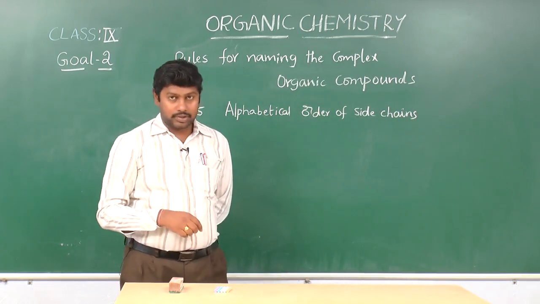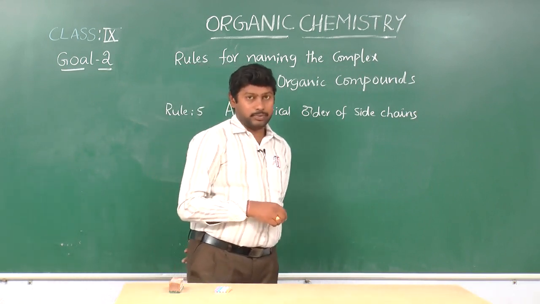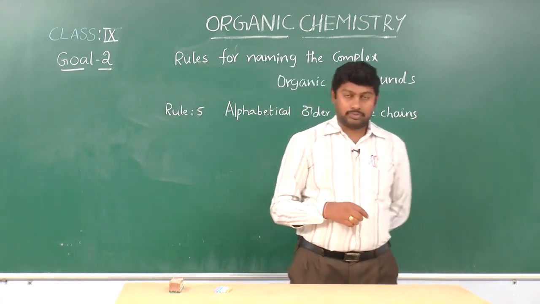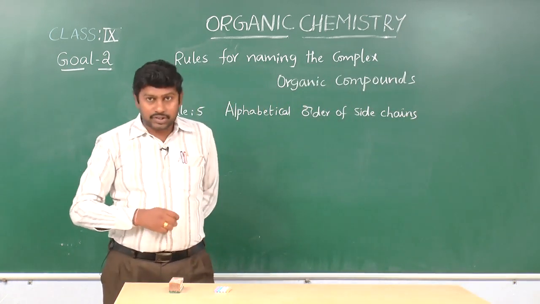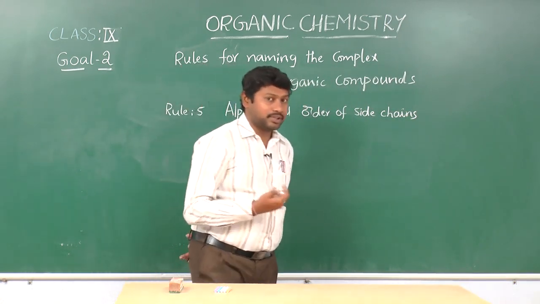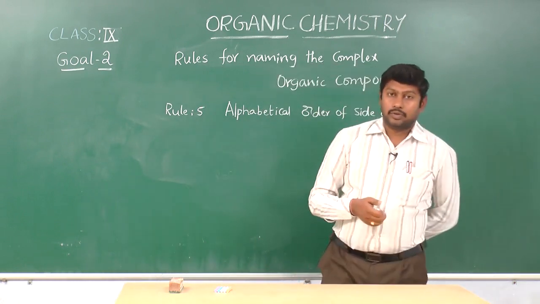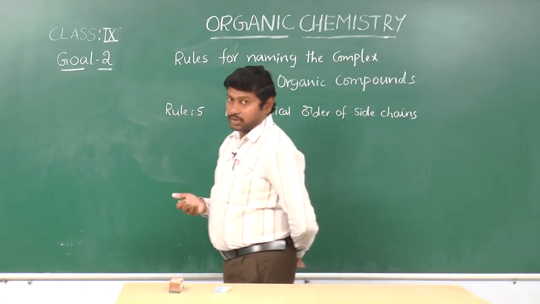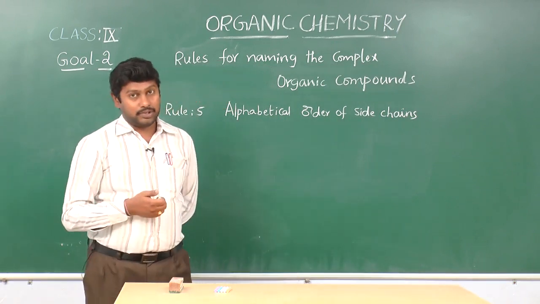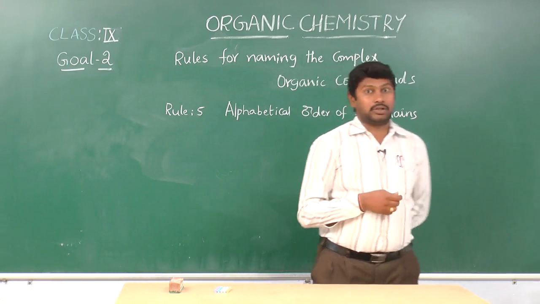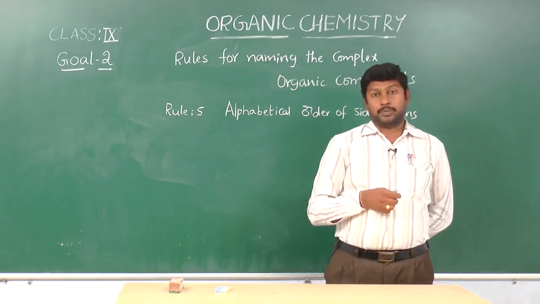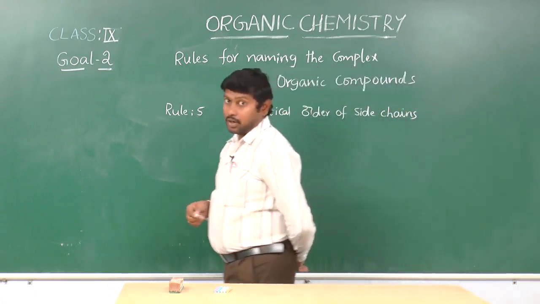So, we already discussed it before in the lowest sum rule, and here also, if more than one side chain is present on the main chain or parent chain, if more than one substituent or more than one side chain is present on the main chain, then they are prefixed in alphabetical order.